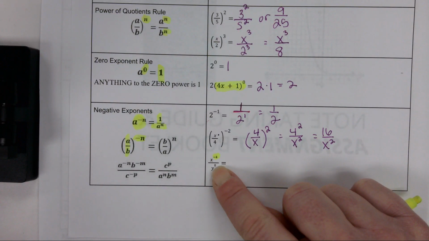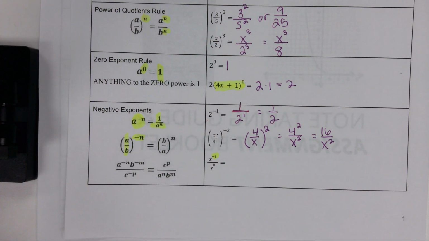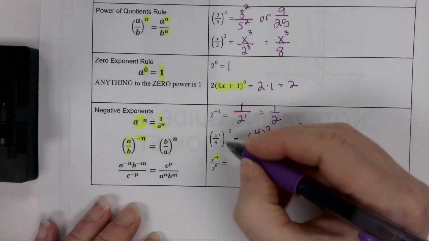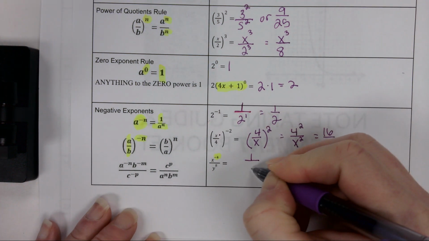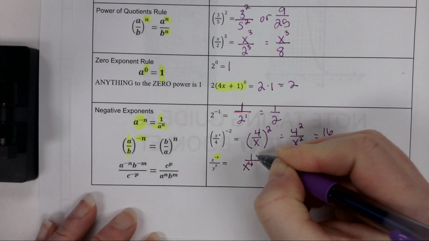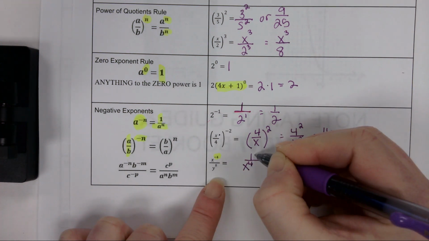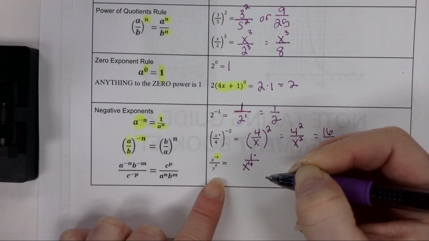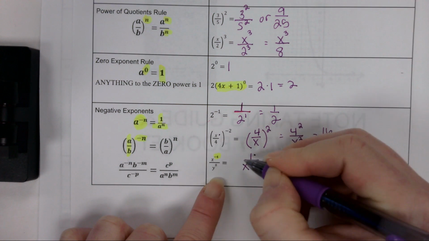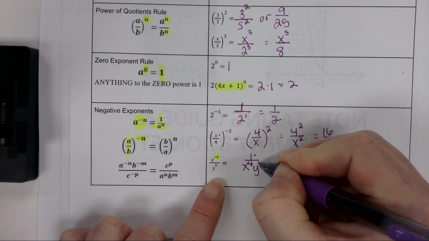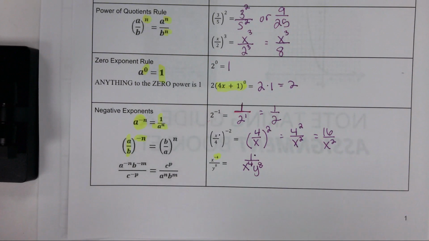So it just stays there. That makes this a 1 on top to hold the spot. The x to the 4th moves to the bottom, and the y to the 8th was already there, and it stays there.